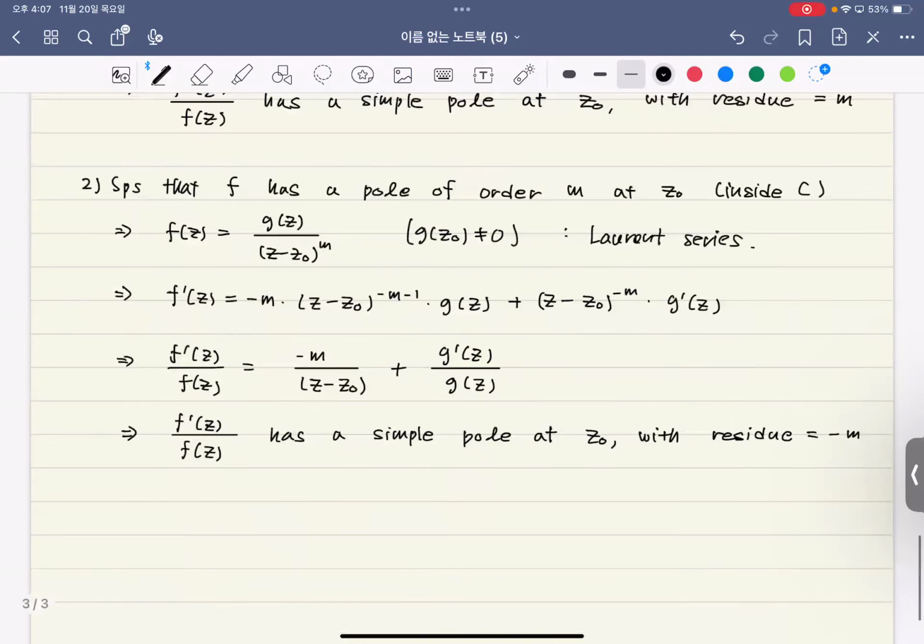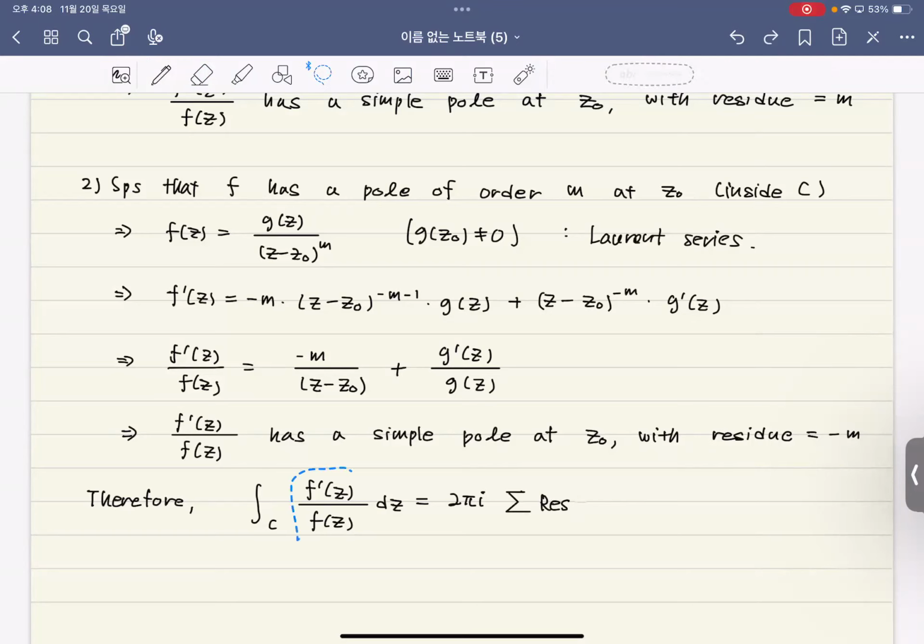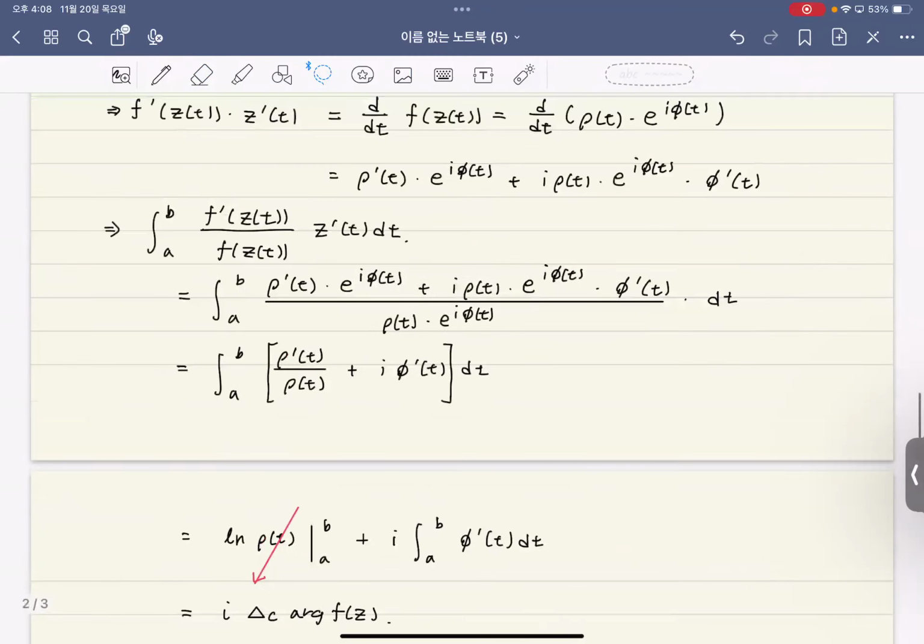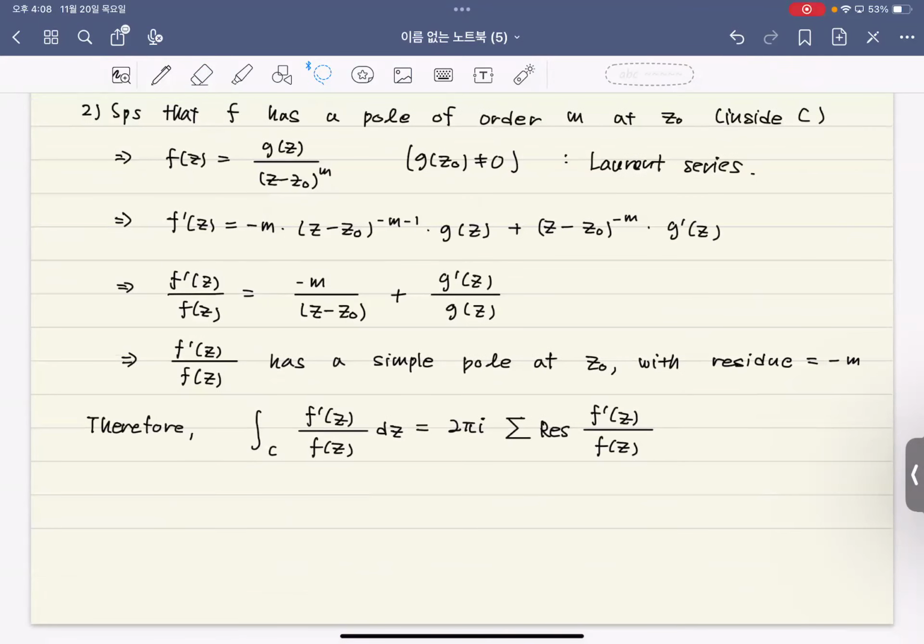Okay, so as a consequence, just to make a conclusion, now we are integrating over this large circle, which includes all the zeros and poles inside.